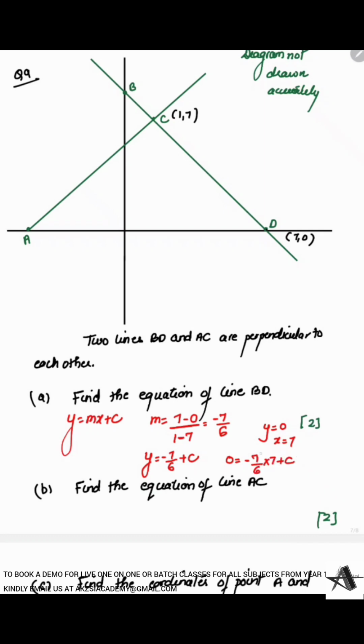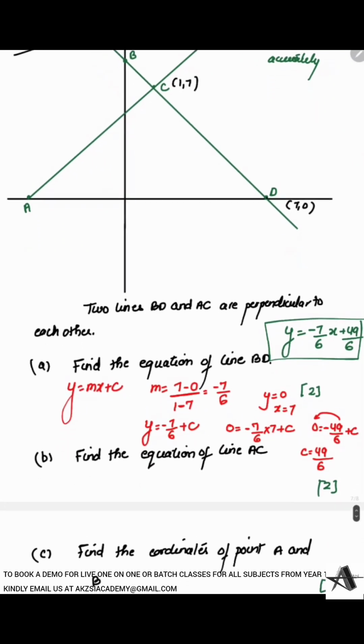So this will be 0 equals -49 over 6 plus c, and finally when you transpose, c is 49 over 6. We have m, we have c. Final equation is y equals -7 over 6 x plus 49 over 6. This is the final equation of the straight line.